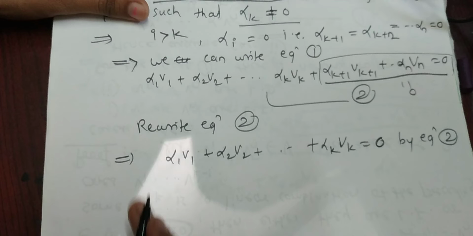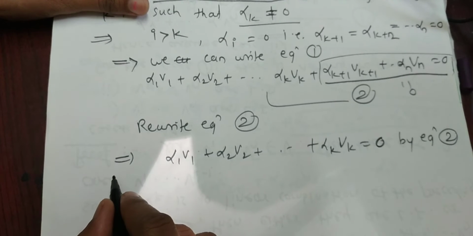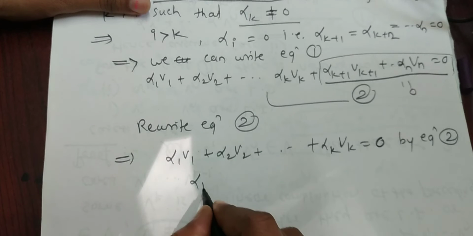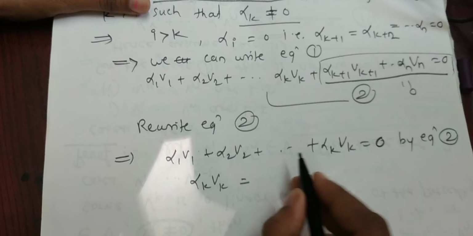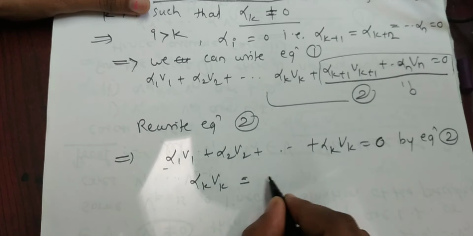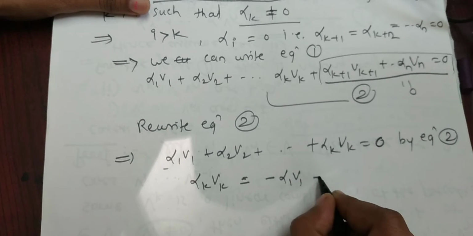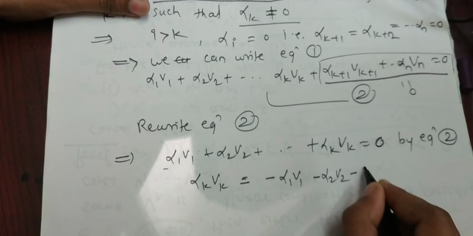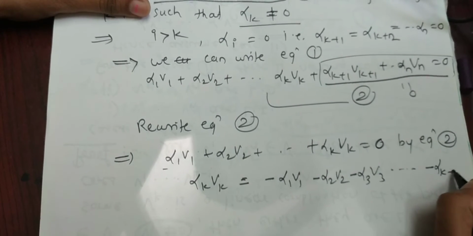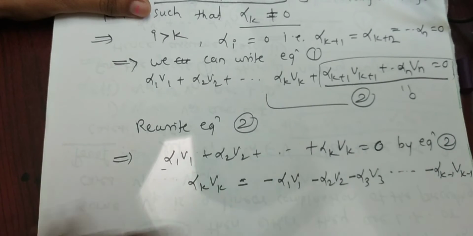So we can write this equation as alpha k vk is equal to, taking all these terms to the right-hand side, minus alpha 1 v1 minus alpha 2 v2 minus alpha 3 v3 up to minus alpha k minus 1 vk minus 1.